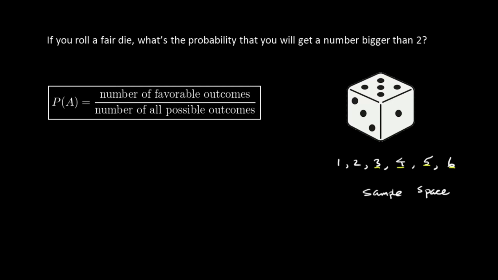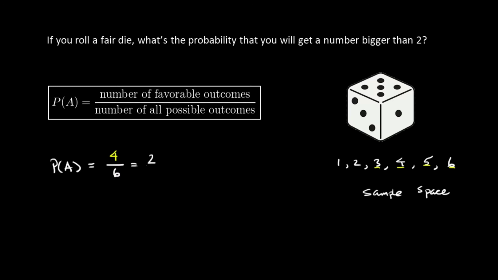So following this user-friendly definition of probability, the probability of this event A, getting a number bigger than 2, is going to be any of those 4 numbers, 3, 4, 5, and 6, turning up as a favorable outcome, divided by the total number of outcomes, which of course are the numbers 1 through 6. So we could reduce this fraction. 4/6 is fine.